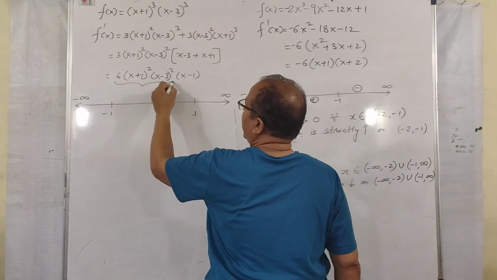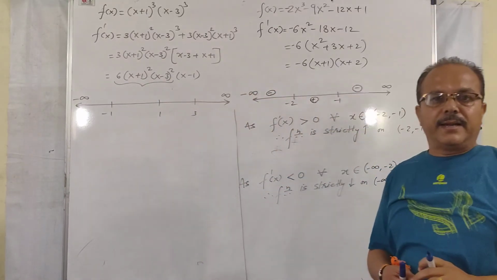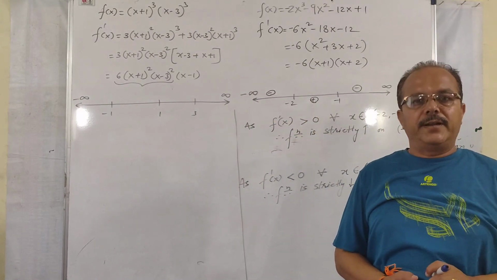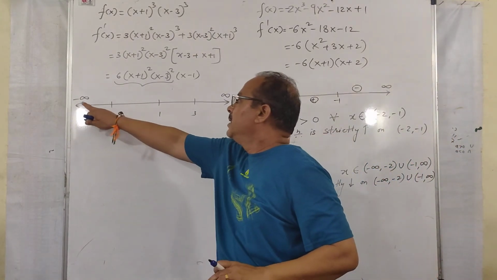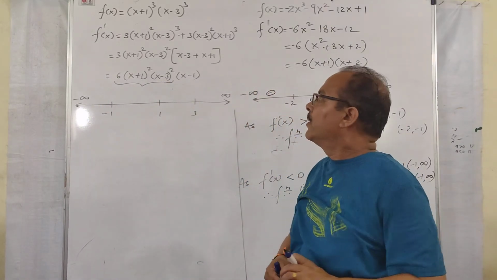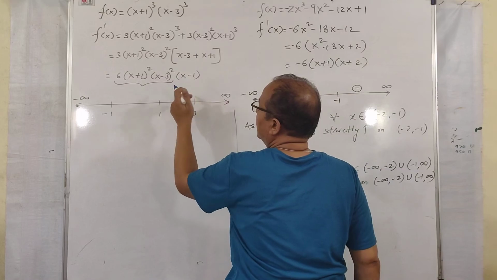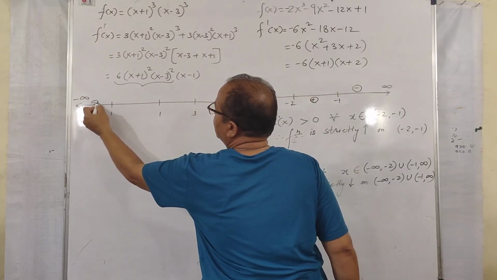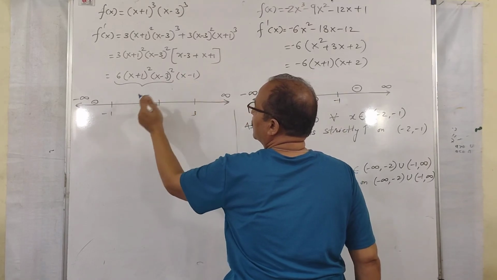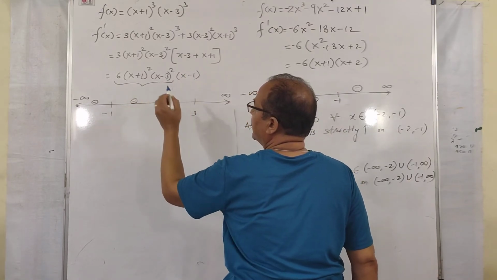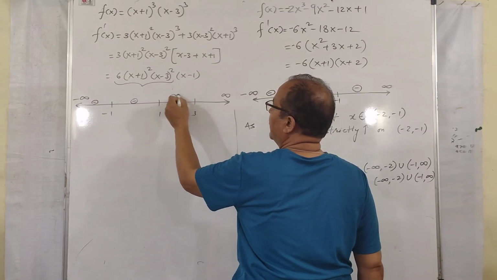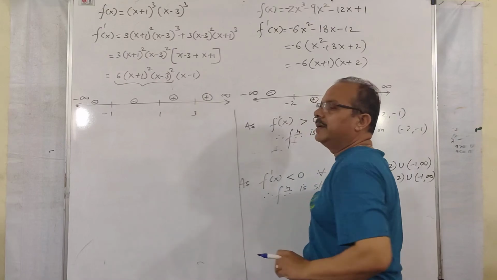Now these squared factors will not take part in deciding increasing or decreasing because square quantities are always positive, so no need to put the number inside them. So I will put -2 here, and finally I am getting a negative sign. If I take a number between -1 and 1, again I will get a negative sign. If I take a number between 1 and 3, I will get a positive sign, and from 3 to infinity also I will get a positive sign.